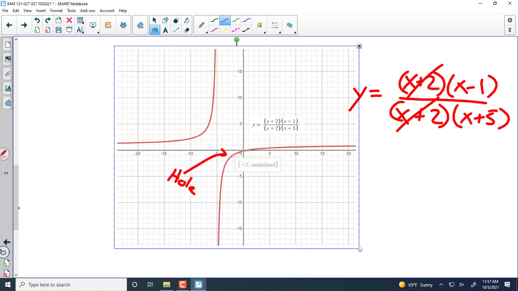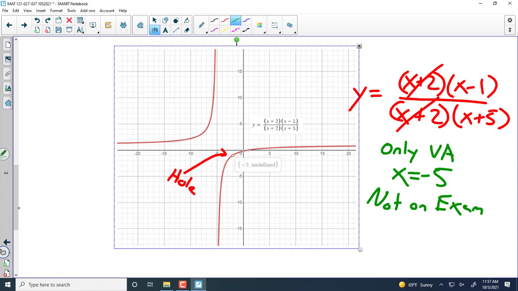That's what happens when factors cancel. It also prevents us from having a vertical asymptote there. So the only vertical asymptote for this one is at x equals -5, not at -2, because there's a hole there instead. This is not on your exam, but just be aware it might come up in the homework.